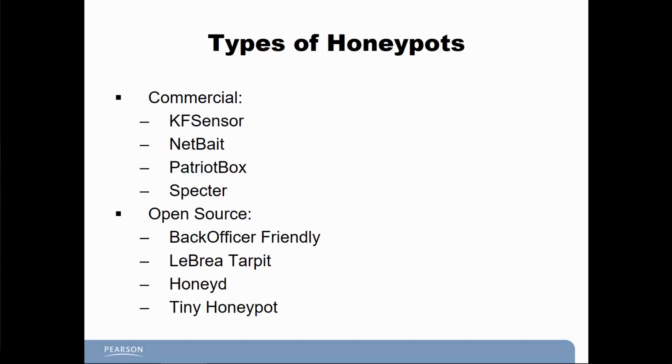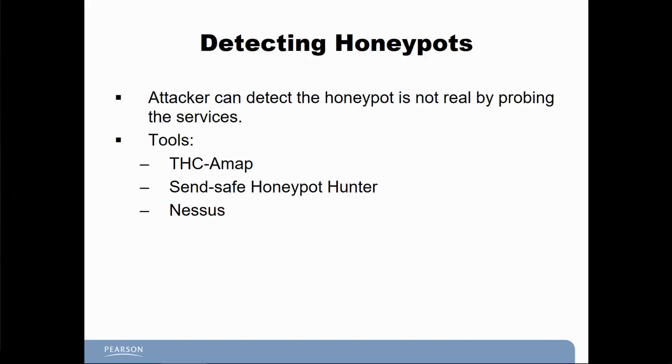Common honeypots are like Specter and Honeyd, or Tiny Honeypot. There are so many of them. The issue is it's hard to tell real traffic from this fake traffic, so a penetration tester may get stuck in these honeypots because it's data that seems really good, that seems to be what we want, but it really isn't.